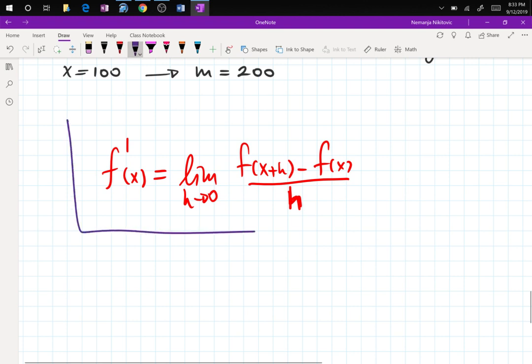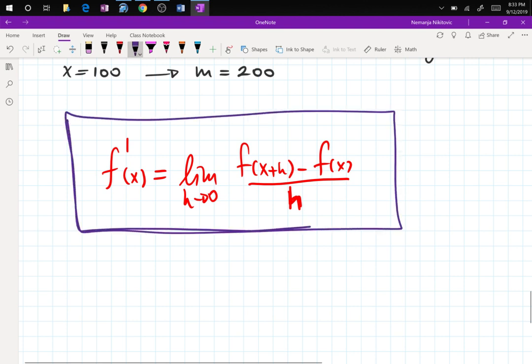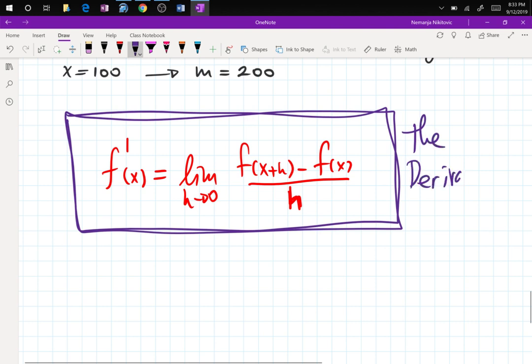This is the one that gets the box, and this is one of the most important formulas of Calculus 1 and one of the biggest focus points of Calculus 1. It measures the change. This is a difference quotient, but we have seen that this is actually your basic slope of the line modified, and we call this the derivative of function f of x.